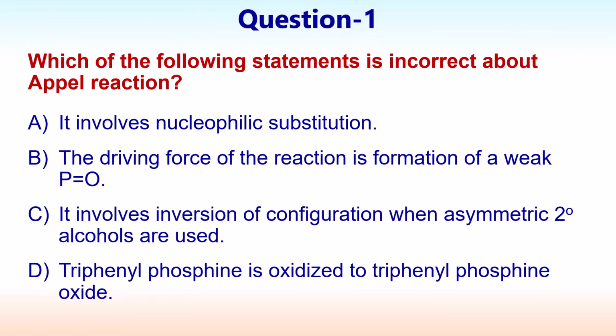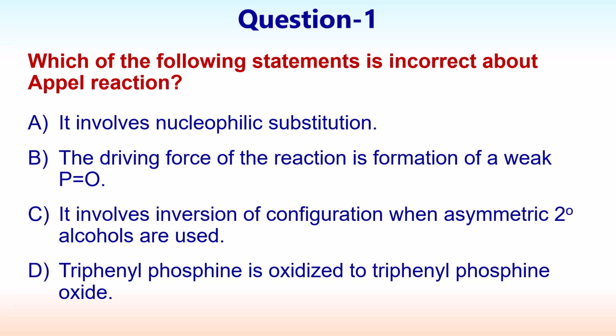Now test your understanding by answering a few questions. The first question is, which of the following statements is incorrect about the Appel reaction? Four options are given. Option A, it involves nucleophilic substitution. Option B, the driving force of the reaction is formation of a weak P=O bond.